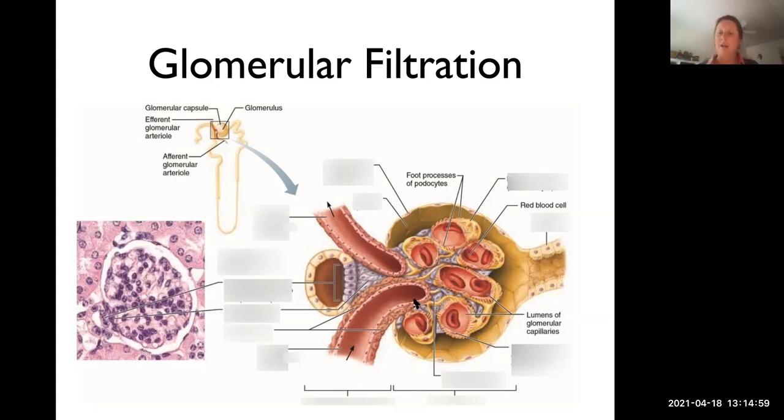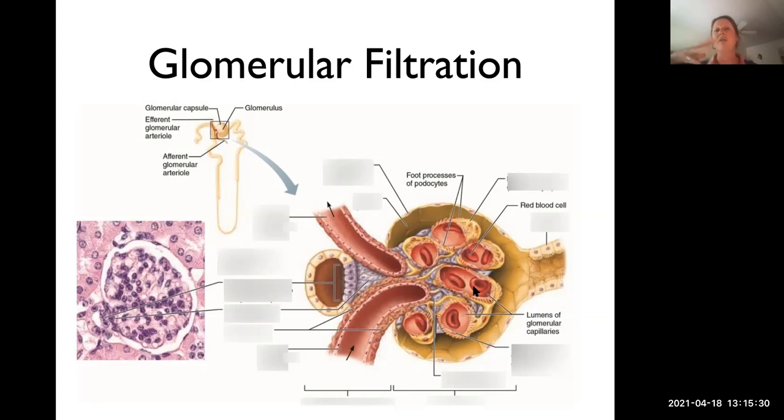Okay, so taking a look at this, the osmotic pressure, or the colloid oncotic pressure, the COP inside the vessel, is primarily due to the presence of proteins. And I mentioned in an earlier lecture that proteins are too large to leak out of the glomerulus. That means that the colloid oncotic pressure is helping to keep some water in the glomerular vessel.